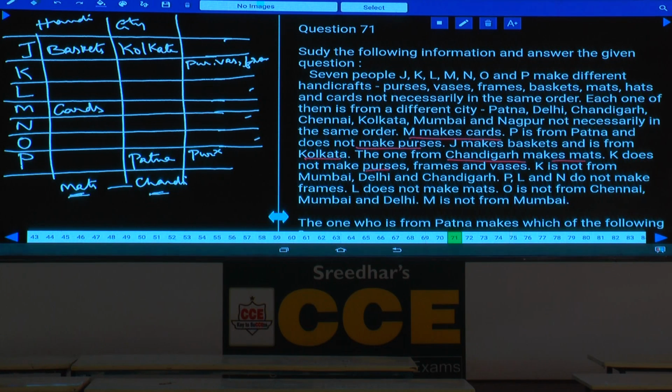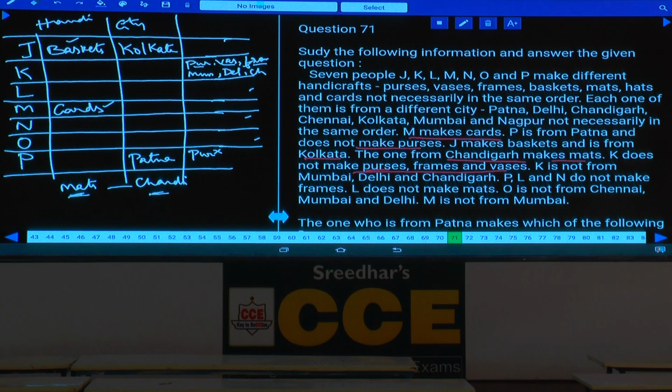And K does not make purse, frame and wages. K is not from Mumbai, Delhi and Chandigarh. Hence this person, now see here very carefully. Now this K is not doing purse, not doing wages, not using frames, 3 were done, and this person is not doing basket as well, 4, and he is not doing card as well, 5, isn't it?